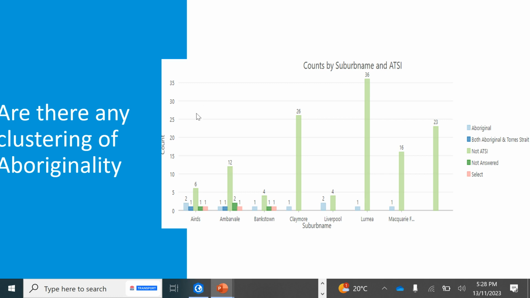We did find some of the suburbs which I mentioned even before, like Lorena, Claymore, where there's a bit higher rates of Aboriginal people or Torres Strait Islanders. So we might need to address some of the issues there in a different way. And that's obviously contextual information that is important to know.